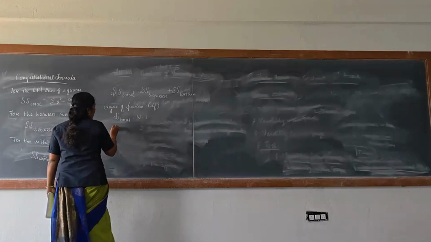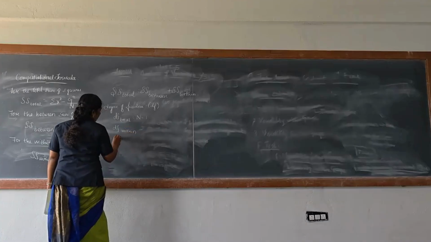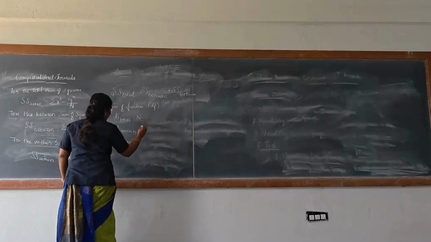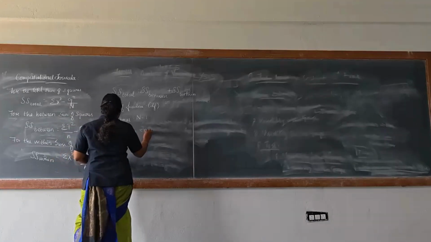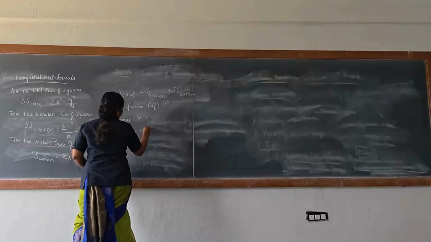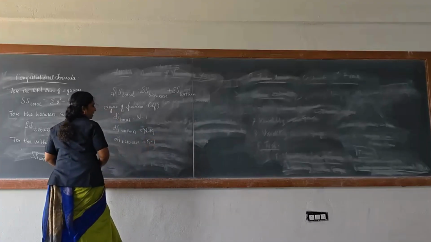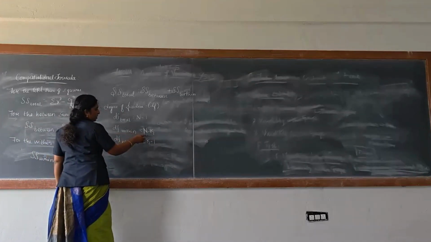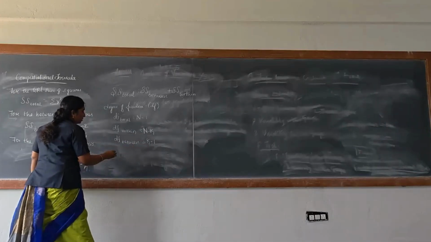Then df within and df between. The df within formula is capital N minus k, and df between is k minus 1, where k is the number of columns.